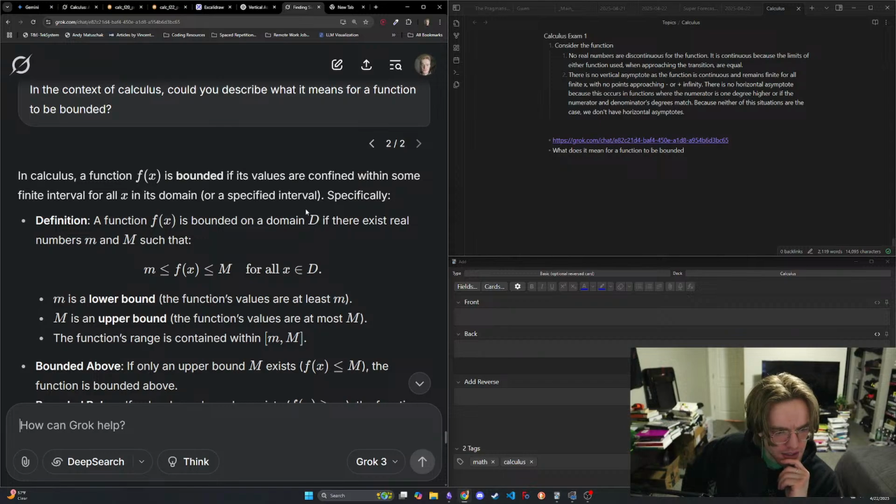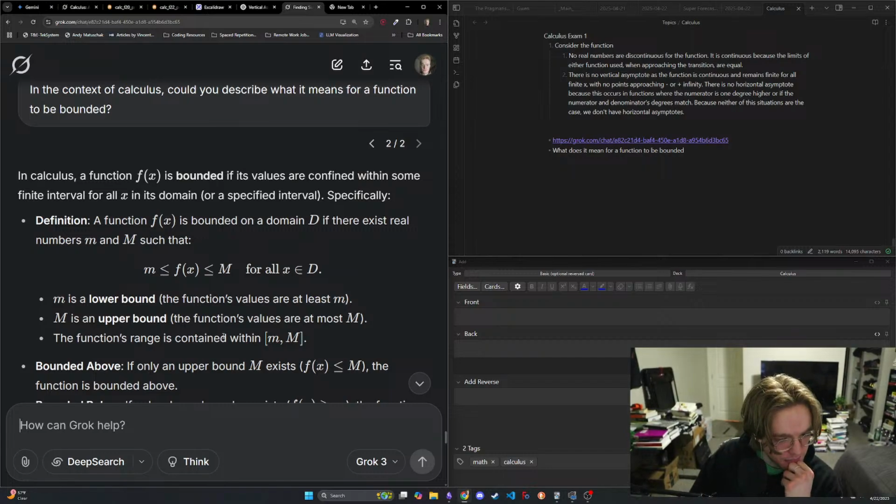So, for example, f of x equals 6. I don't know if that's allowed, but that could hypothetically have your function be bounded. Yeah, I think those are the two main areas that I thought of.